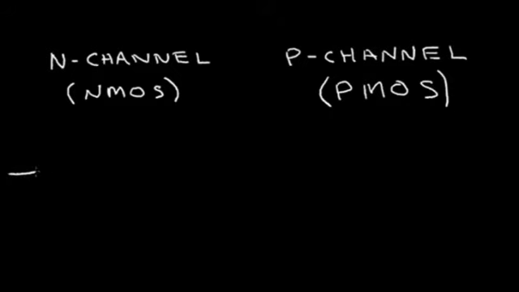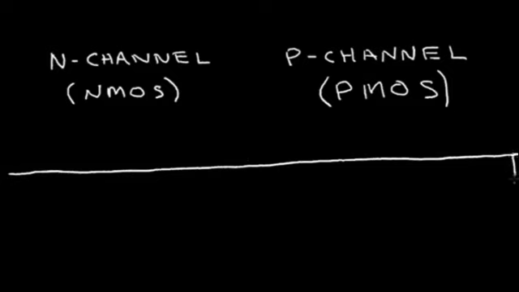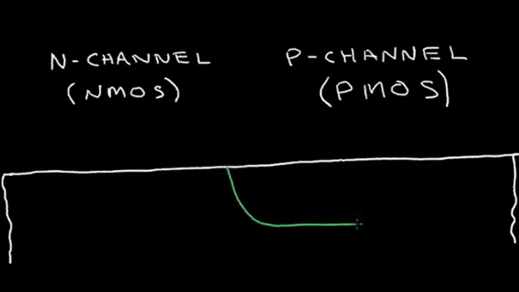If I have the surface of a silicon wafer, where this is the thickness of the wafer, and I diffuse in a very deep N region, which is called an N well, and let's say that the wafer is P-type material.